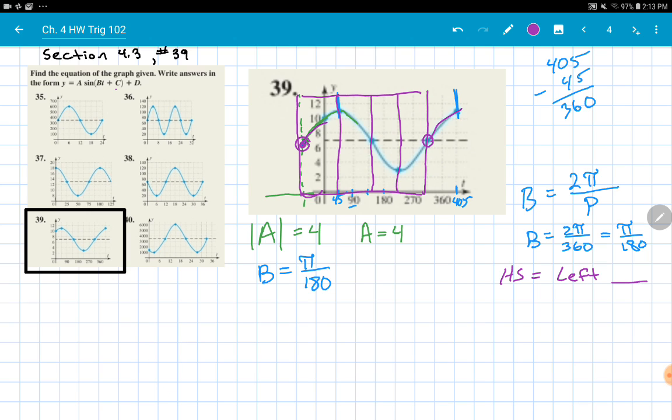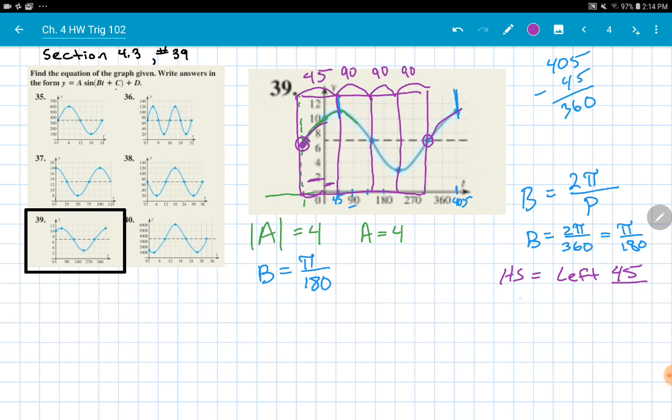Each one of these little pieces is 90, or 2 tick marks. Oh, I'm sorry, not degrees. It doesn't say degrees anywhere. I messed up. Just 90. It doesn't have any units. So if each one of those widths is 90, this one's 45. 45 is right here. That means it must be going back 45. So it has a horizontal shift left by 45 units, whatever the units are.